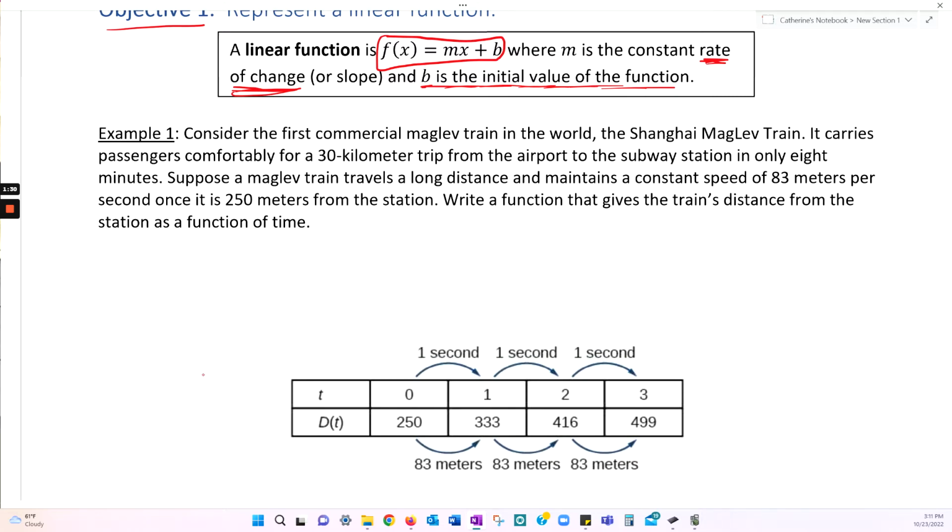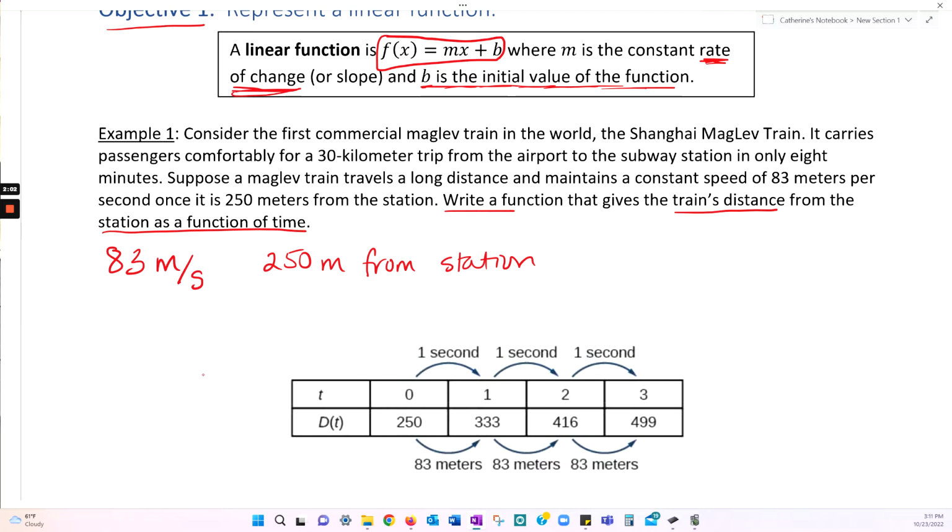Suppose a maglev train travels a long distance and maintains a constant speed of 83 meters per second once it is 250 meters from the station. Write a function that gives the train's distance from the station as a function of time.